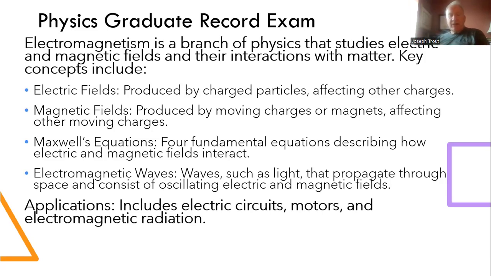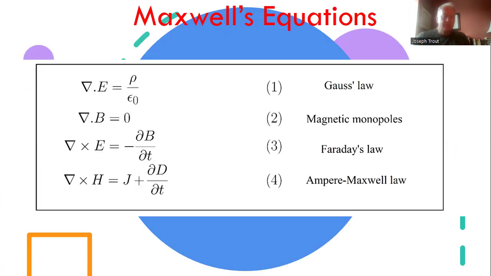So the applications include electric motors and electromagnetic radiation. Here are Gauss's laws, and we'll talk more about these later, but in essence, they explain how magnetic fields and electric fields are created and how they affect one another.